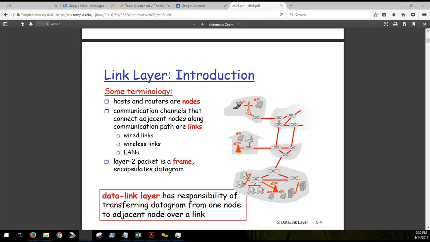A layer 2 packet is a frame, which is used to encapsulate the layer 3 datagram.